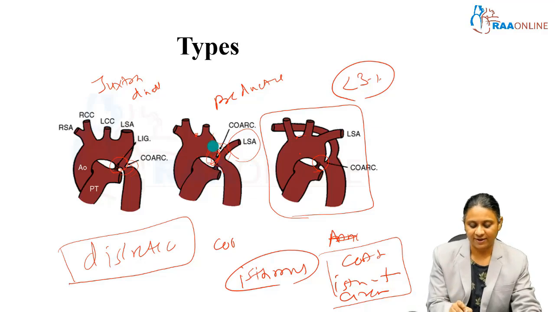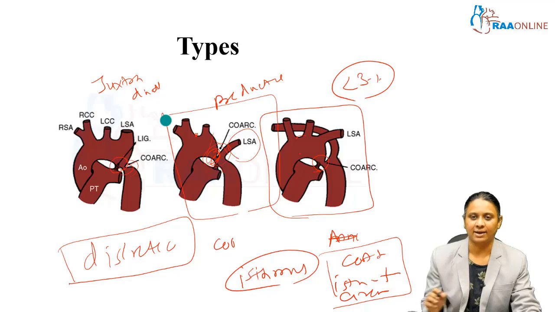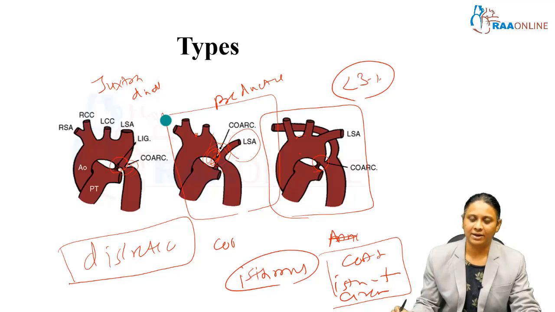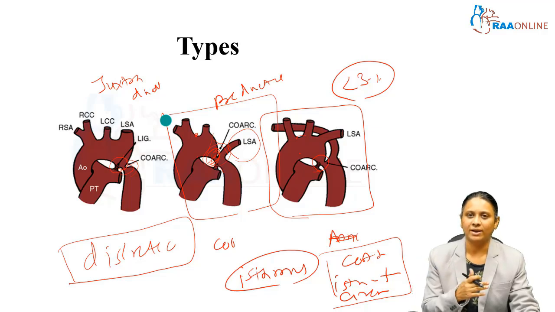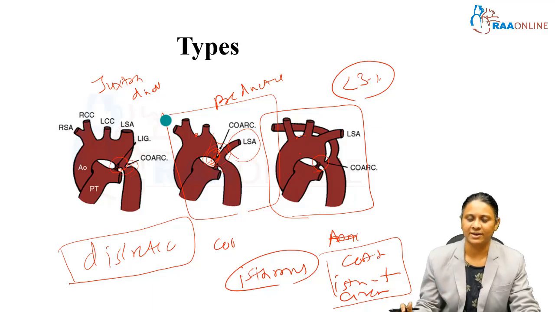Here also there is a fallacy in that the left subclavian originates after the coarctation segment. Two things to remember in this type: the left upper limb also will have a lower BP. The only normal BP limb is the right upper limb, while the left upper limb and both the lower limbs will have lower BP. That is obvious. There is also a syndrome called subclavian steal syndrome, which is common only in this type of COA.